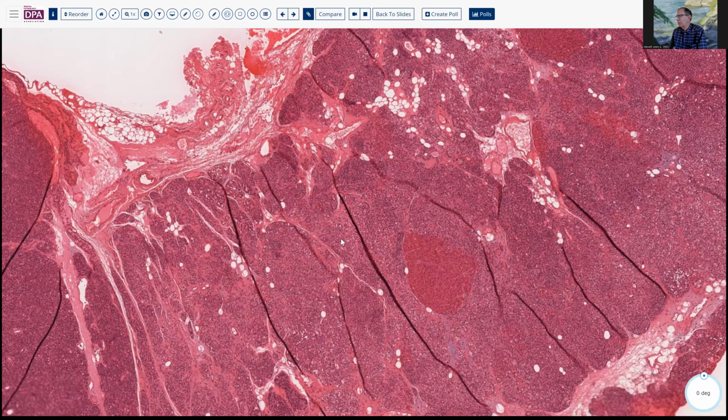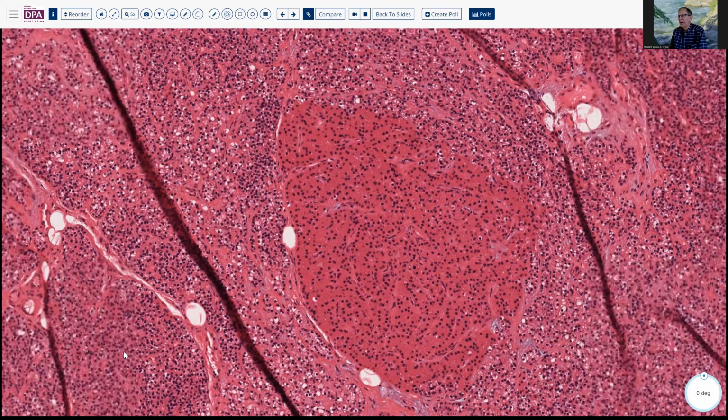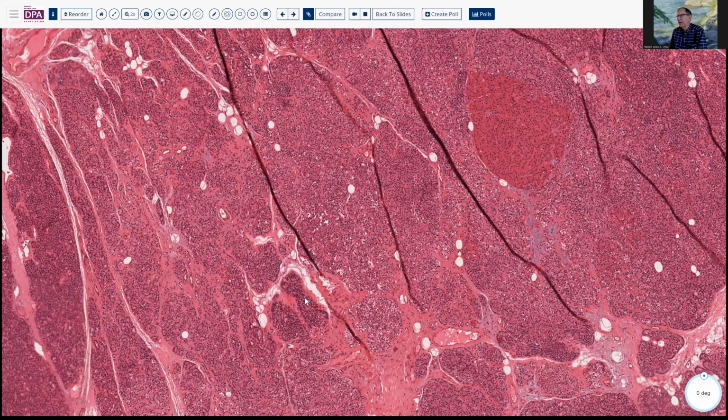Again, we see some variability in the architecture, some nodularity, some more eosinophilic cells, some clear cells, some oxyphilic or chief cells here as well. And you see maybe a little bit of fibrous banding here as well. Now, that doesn't make this malignant by any means. Here's, again, a nice follicle or pseudofollicle type of space.